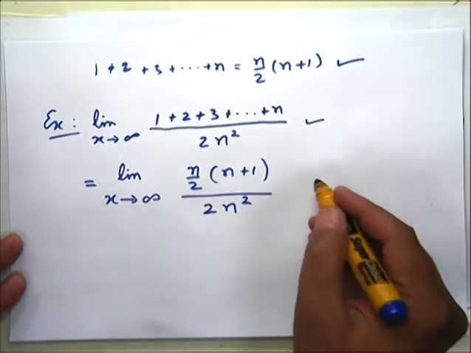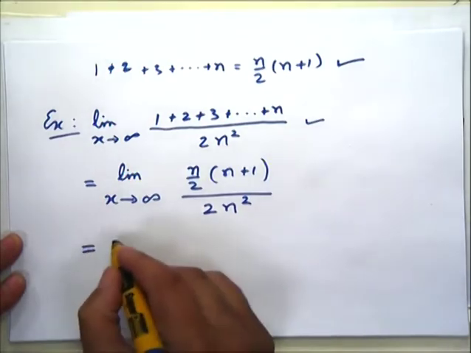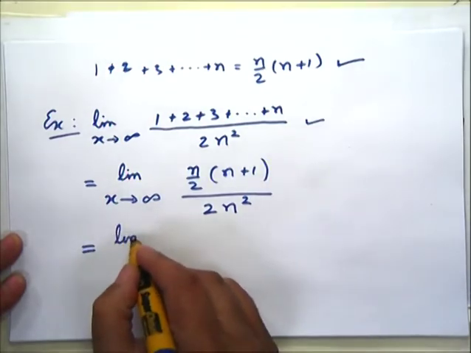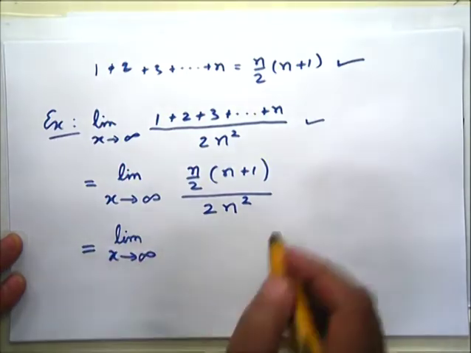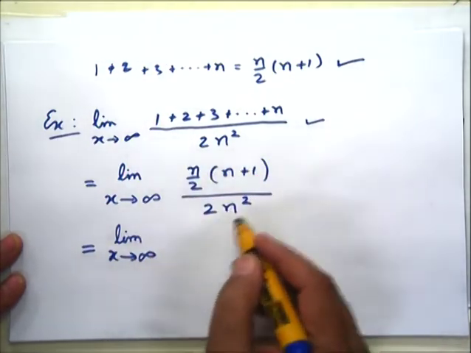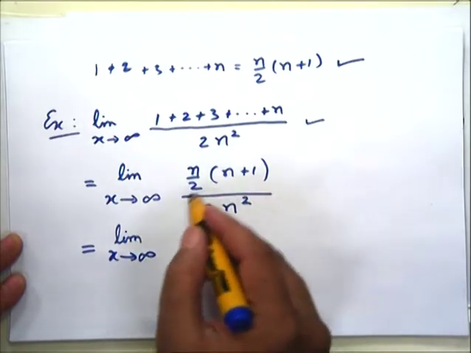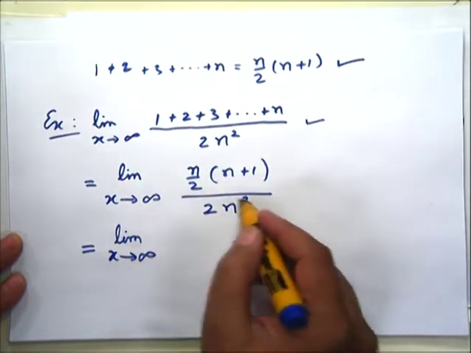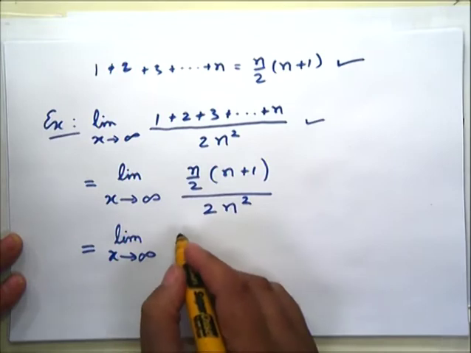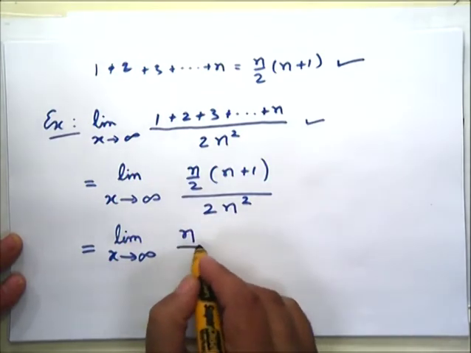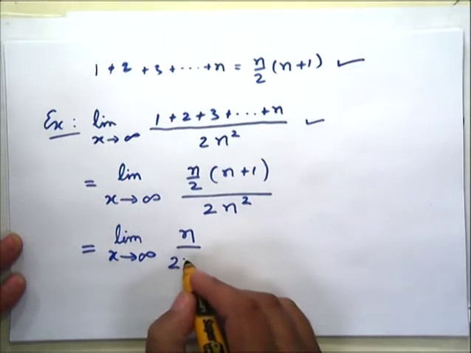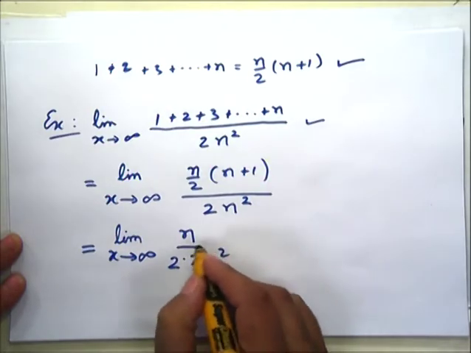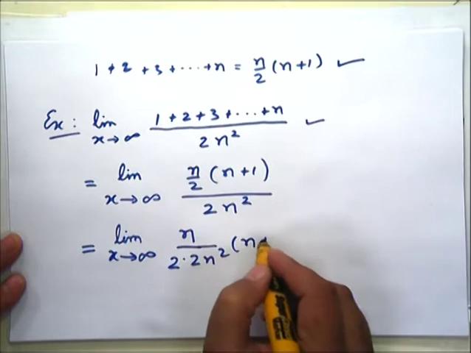This is equal to limit n tends to infinity. We have to simplify this expression with the help of the denominator 2n square. So we will write n upon 2 into 2n square, and this is n plus 1.